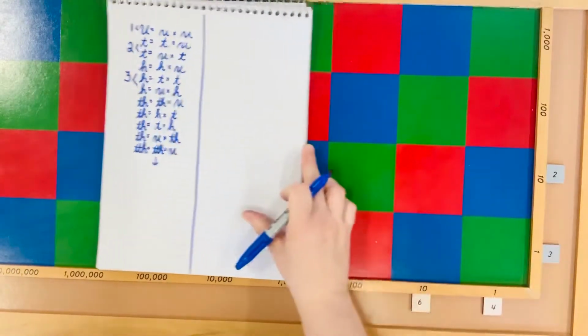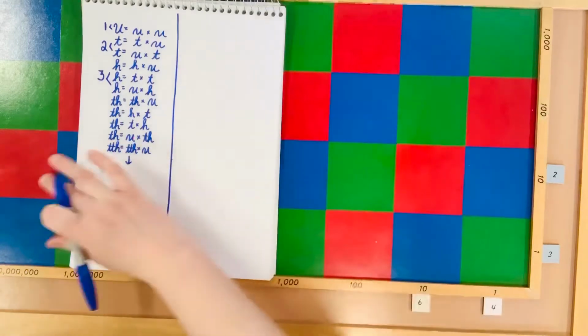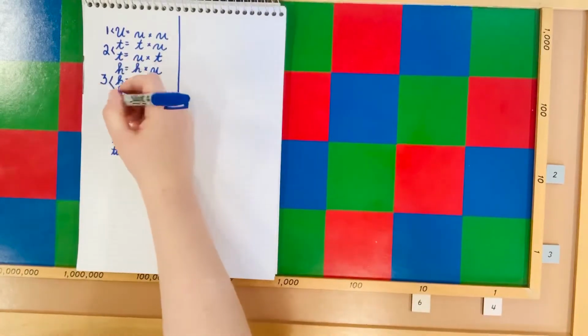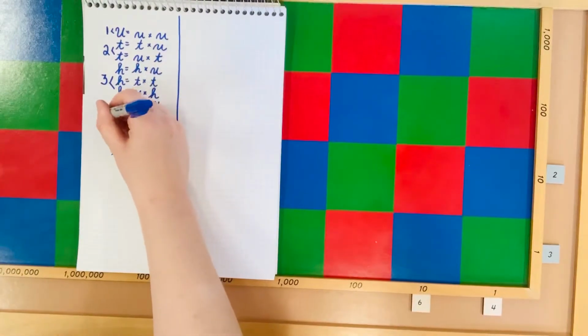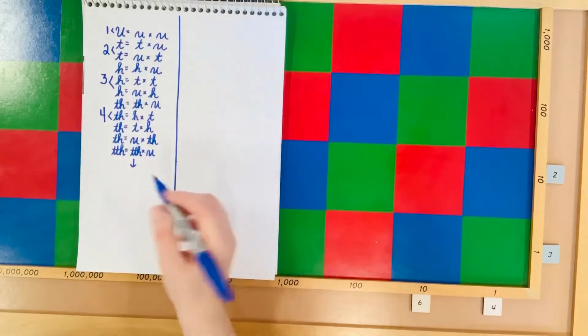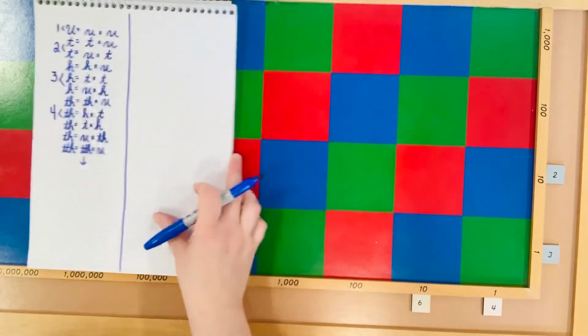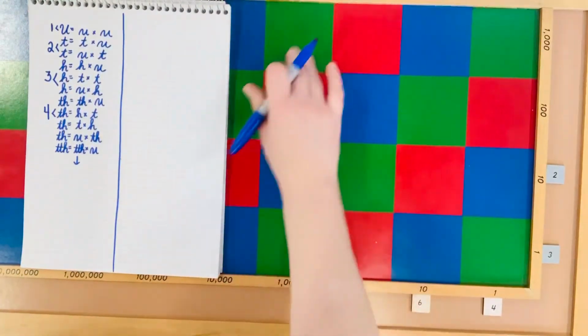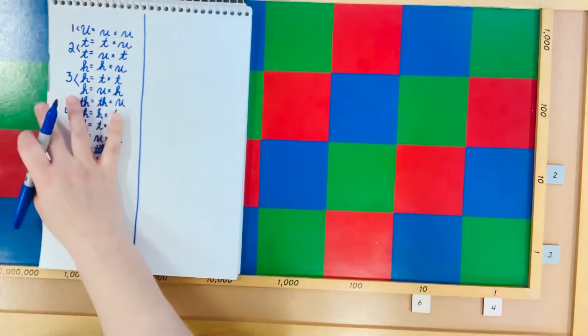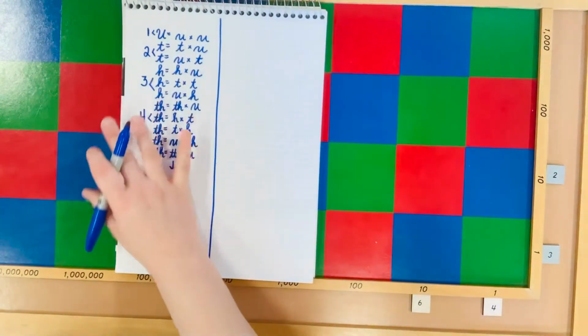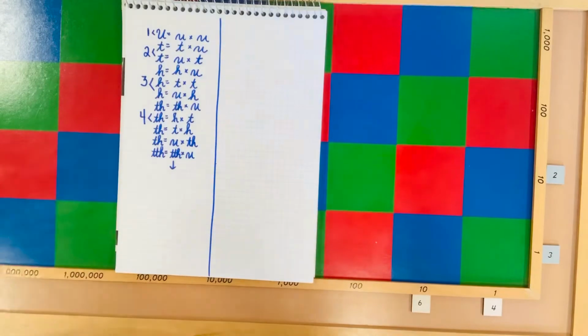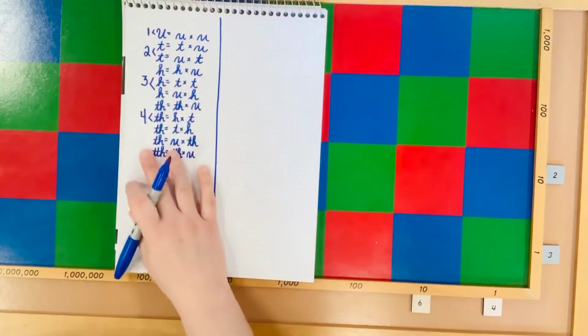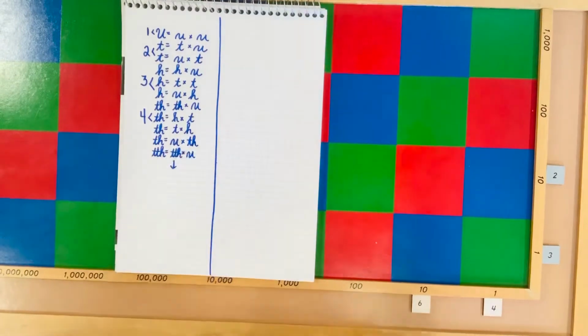There are 4 ways to find thousands, and so on. Maybe you went through and did the entire checkerboard to discover how many ways there are to find all of the numbers on the checkerboard. But for today, we're going to leave it at this, all right?